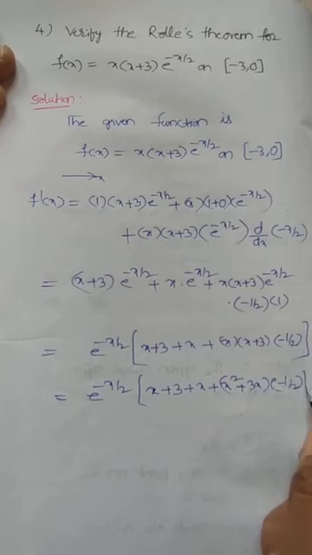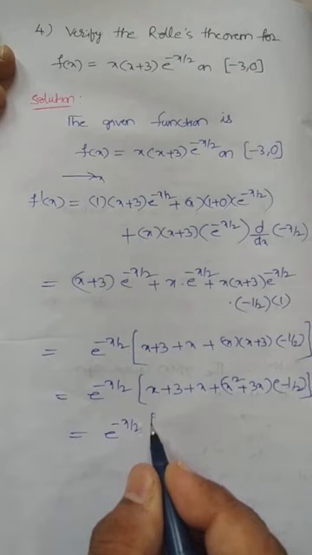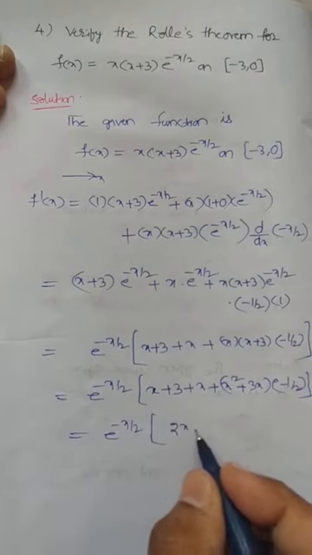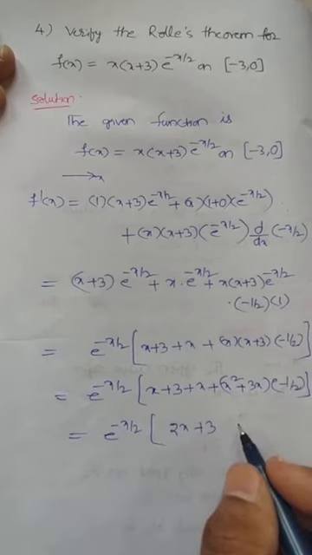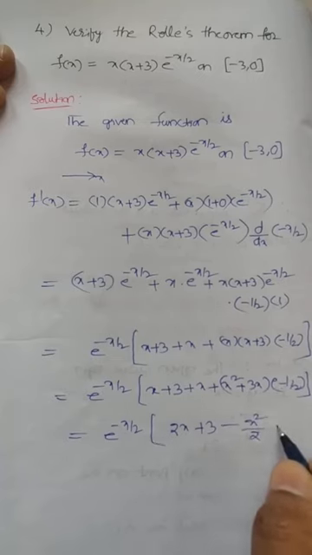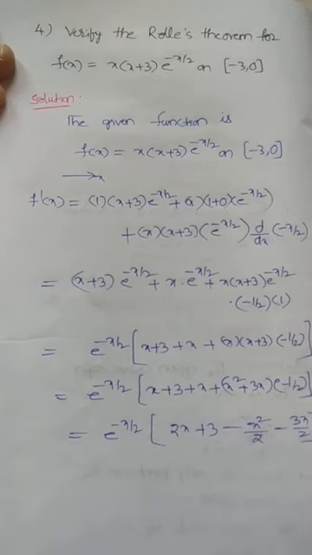Minus 1 by 2. Again e power minus x by 2 into x plus x is what now? 2x plus 3. So minus 1 by 2 to this one means what? Minus x square by 2 minus 3x by 2 I got. Okay.